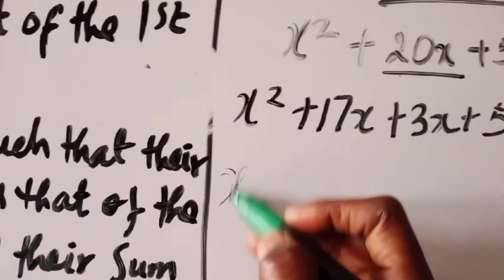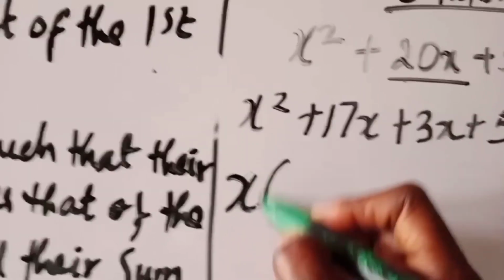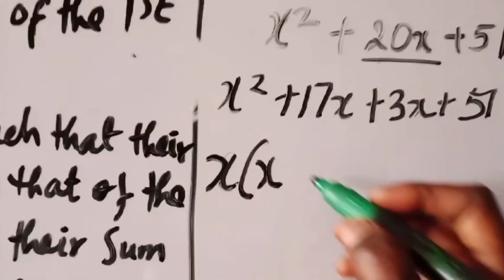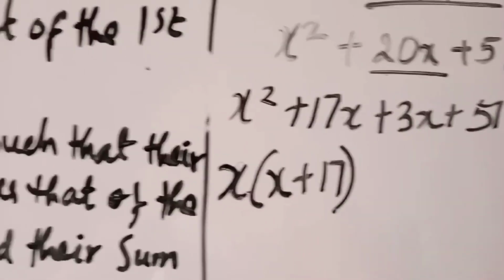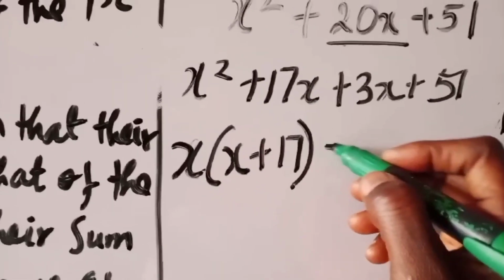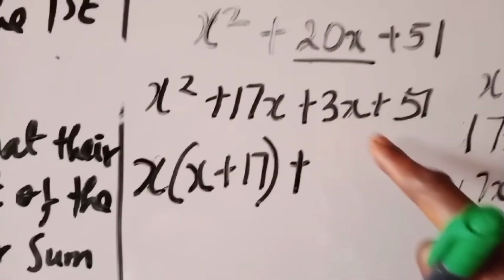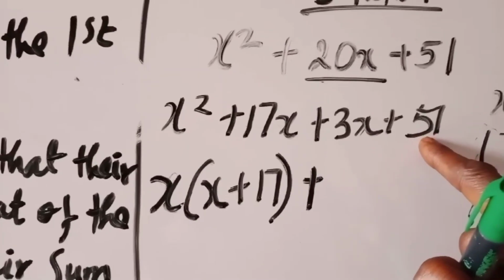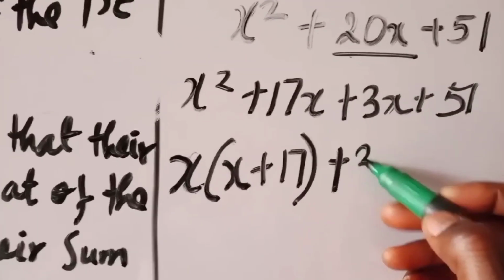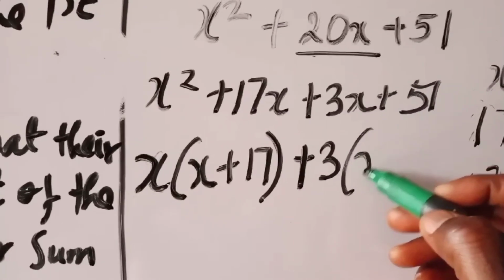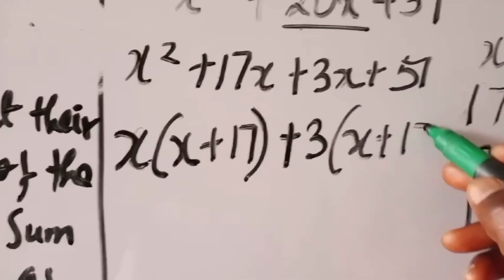So we factor out x and we're left with x plus 17. Then we come to this part. 3 is common to both, because 3 times 17 gives 51. So we factor 3 out and are left with x plus 17.